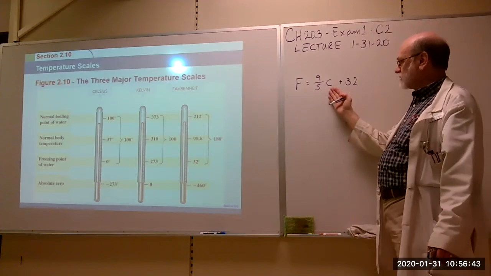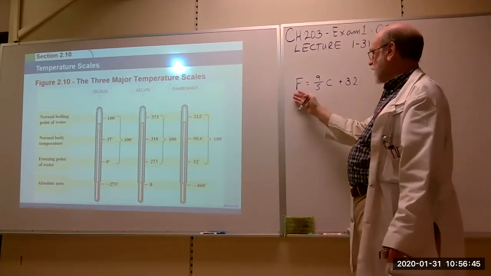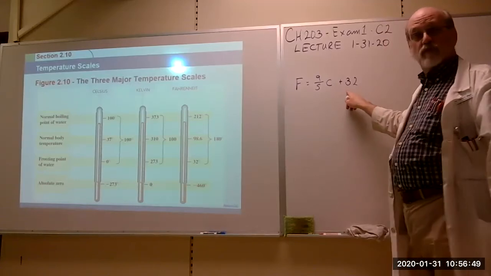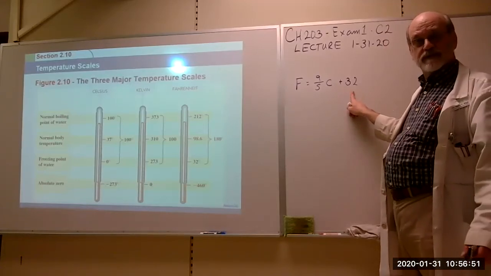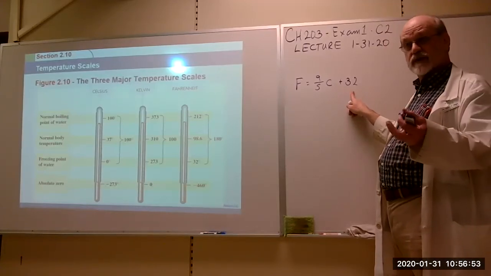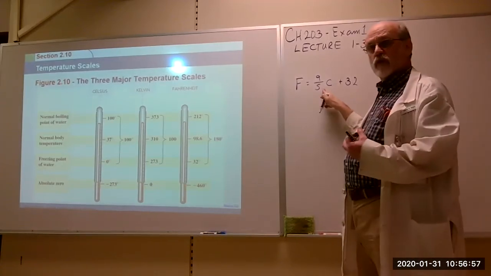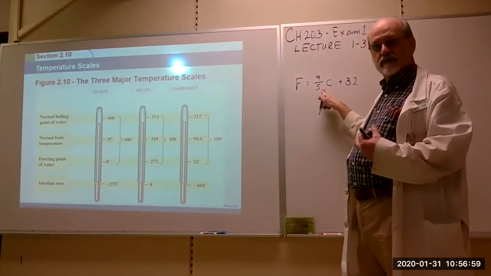If you know Celsius, you can convert to Fahrenheit using this. This adjusts the 0 point, 32 degrees difference, like 0 degrees Celsius is 32 Fahrenheit. And this compensates for the size of the measure.